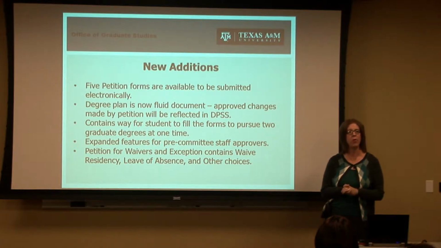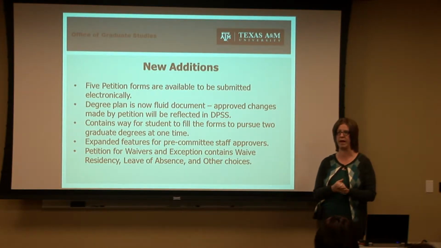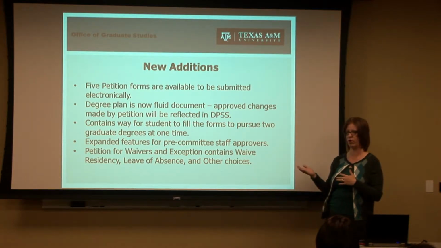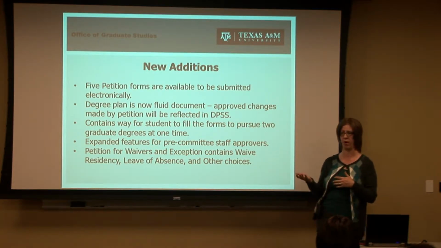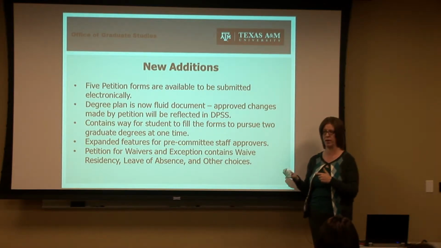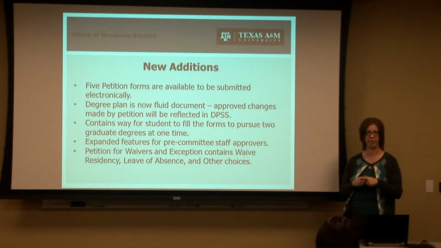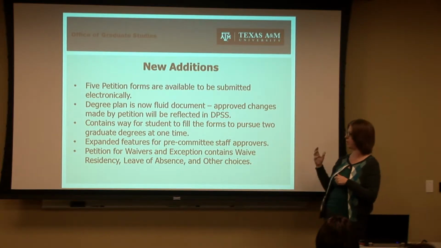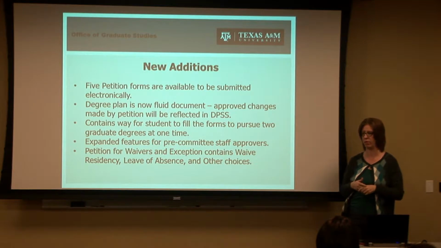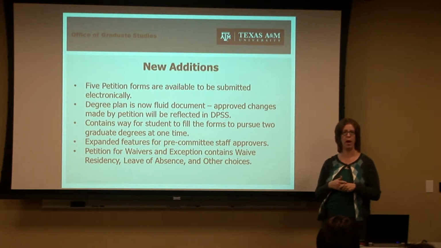So that was one of the improvements that we have added: now, as quickly as a petition to make a change to the degree plan is approved by the Office of Graduate Studies, that update will be reflected in the degree plan that is kept in the DPSS. So the students will have the ability to see the most current information in the DPSS, and in the Howdy portal as well.